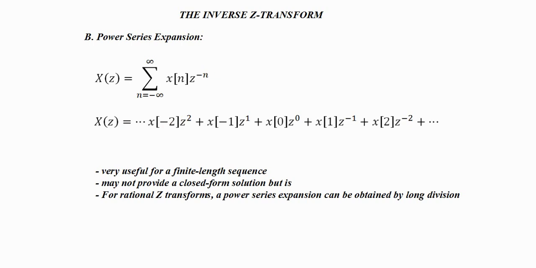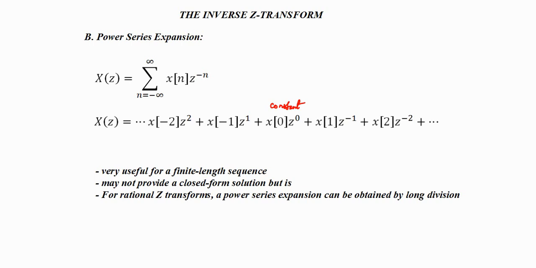Then x of minus 1 into z raised to 1, x of 0 into z raised to 0, that is 1, which means this is a constant term. The remaining terms are x of 1 into z raised to minus 1, x of 2 into z raised to minus 2, etc.